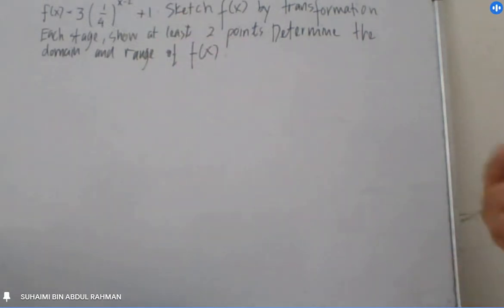Remember that when we do transformations, we need to know the basic function, basic graph that we want to start. If we want to sketch square function, we need to start with the square function. If we want to sketch square root functions, we have to start with the square root function.